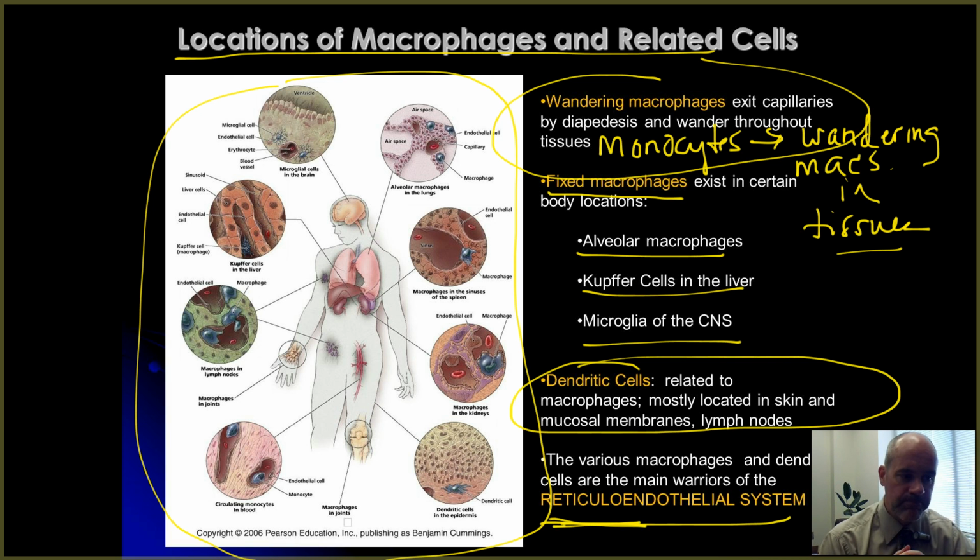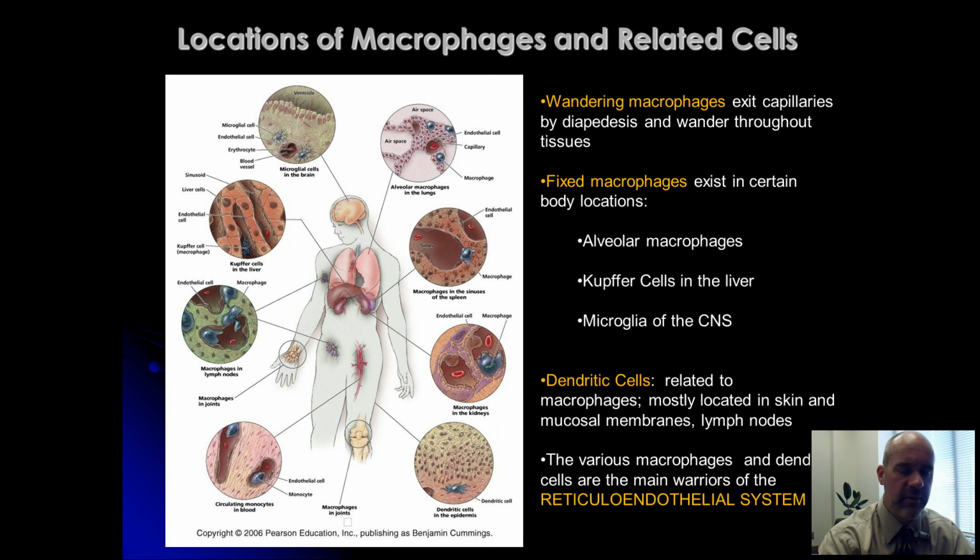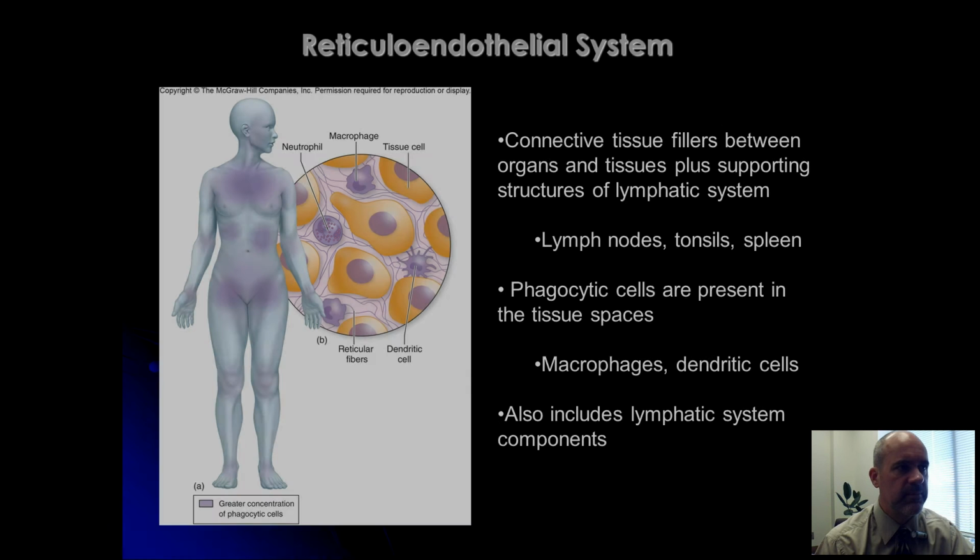If you remember hearing that term before, when you hear reticular, it means web-like. So the protein fibers have kind of a web-like appearance. So you'll sometimes see reticuloendothelial system to refer to these macrophages in combination with the tissues where they're located.